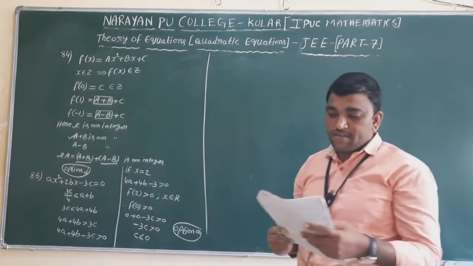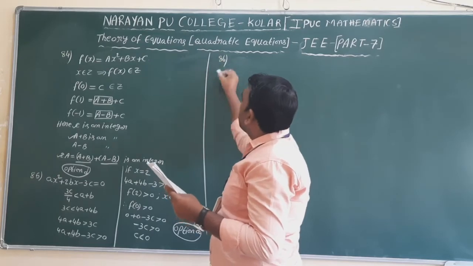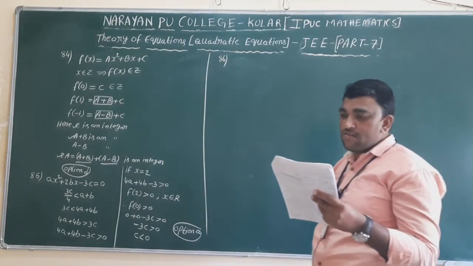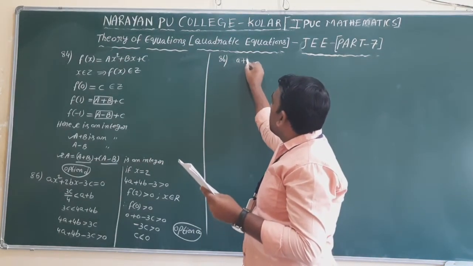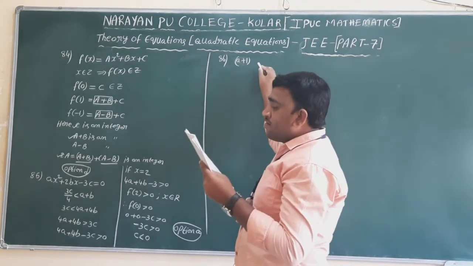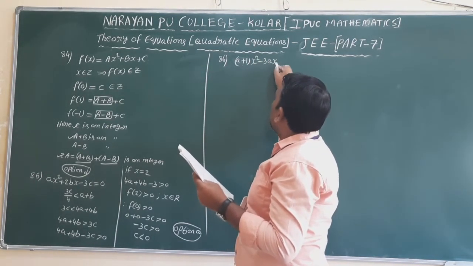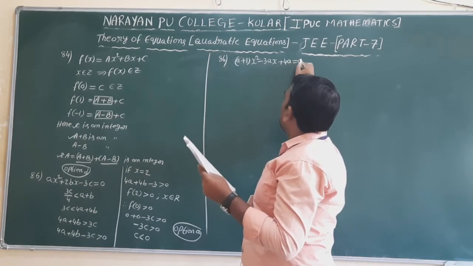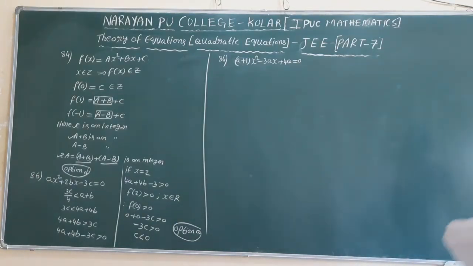And next question, 86. The values of a for which both roots of the quadratic equation a plus 1 into x square minus 3ax plus 4a equal to 0 are greater than unity.